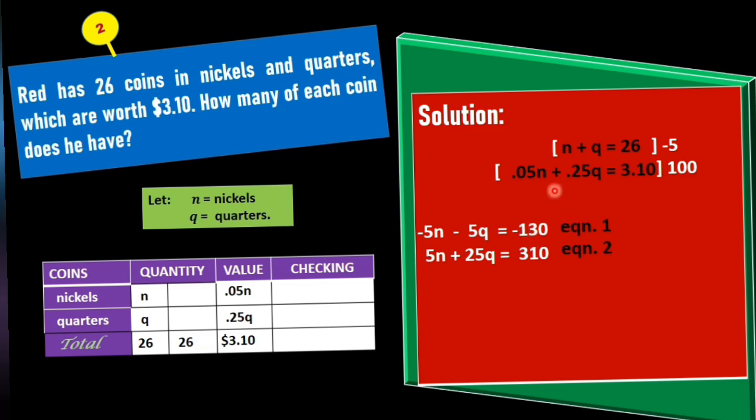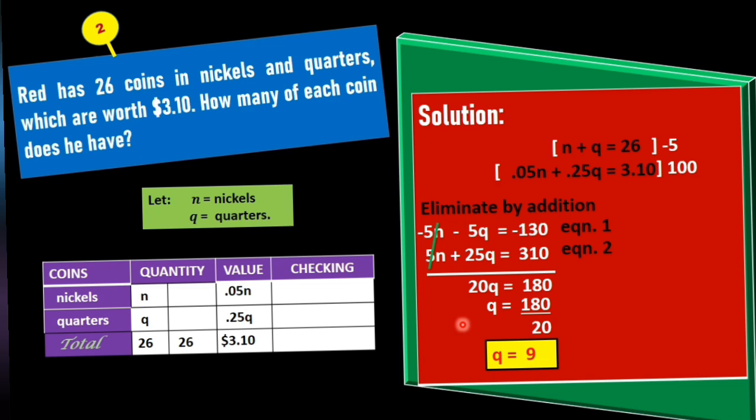Then eliminate this by addition to cancel this variable. So we get the number of quarters equals 9. And then substitute this value to equation 1. So we get the number of nickels equals 17.